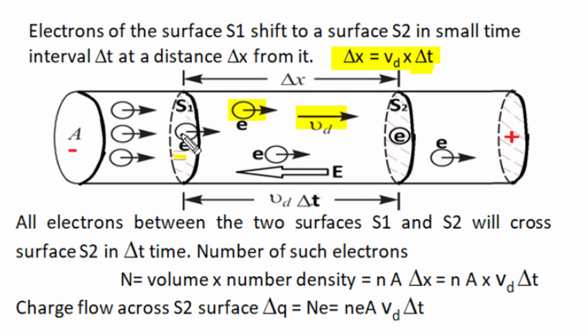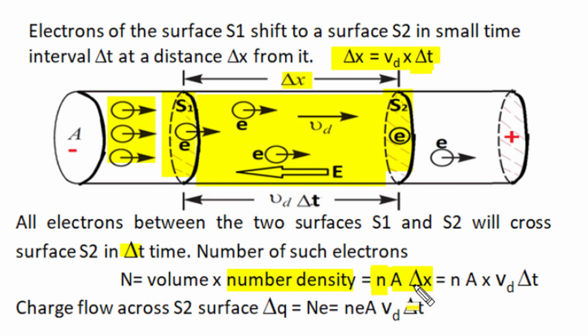Now all electrons drift in the same direction with the same velocity, so all electrons at cross-section plane S1 will drift to a new plane S2, which is delta x ahead of it, and in the meantime all electrons within the volume between the S1 and S2 surfaces also drift by the same amount and cross the S2 surface from one side to the other. If the number density, the number of free electrons per unit volume, is n, and the cross-section area is A, and the displacement delta x gives a volume A delta x, then this is the total number of electrons that crossed the S2 plane in delta t time.